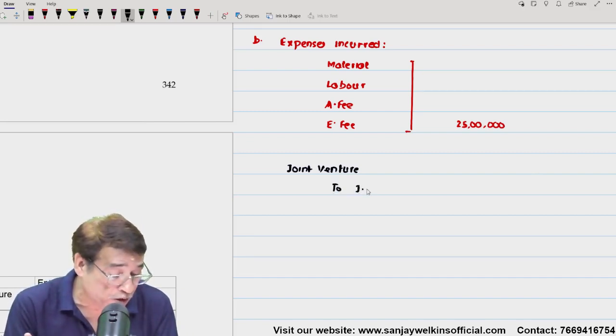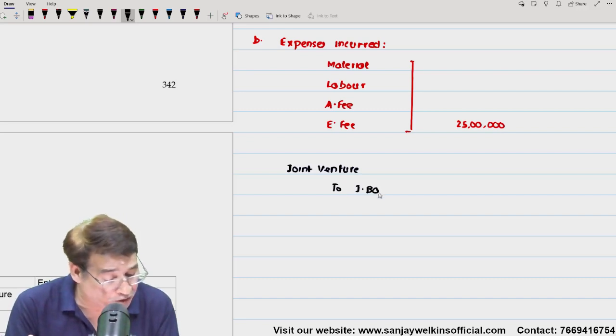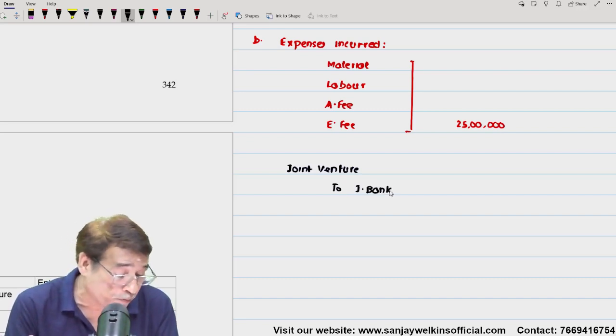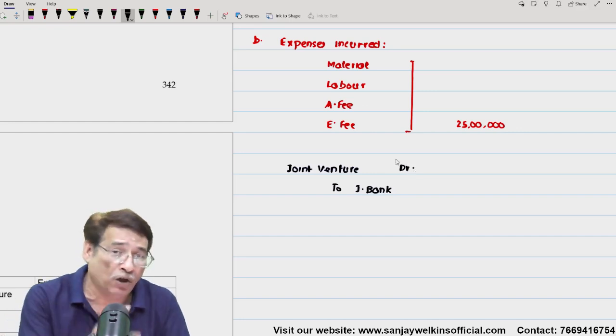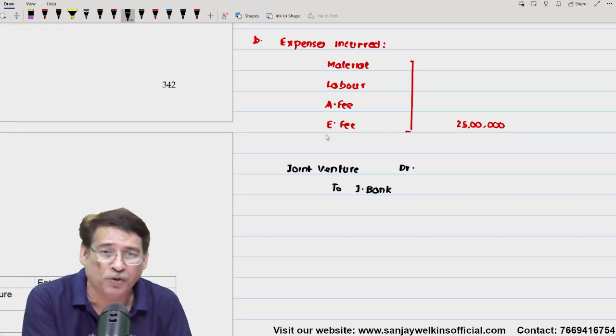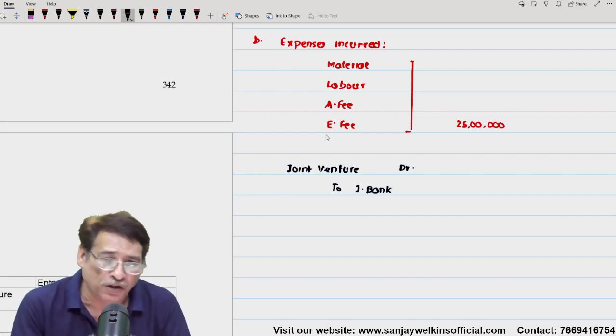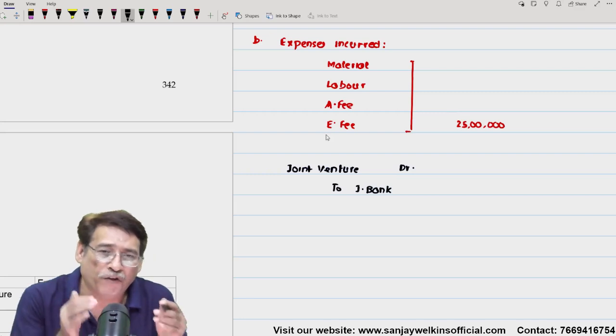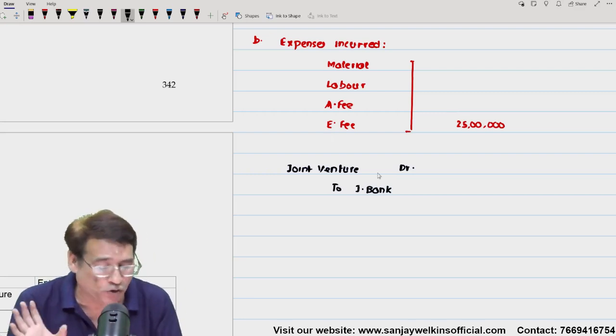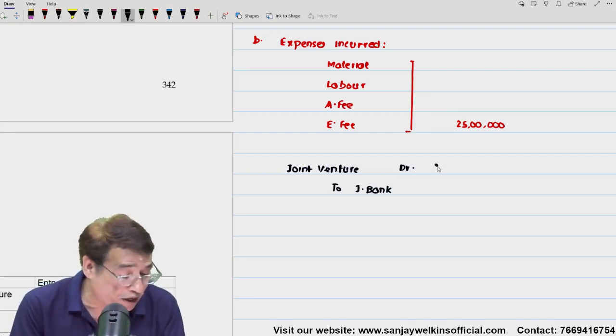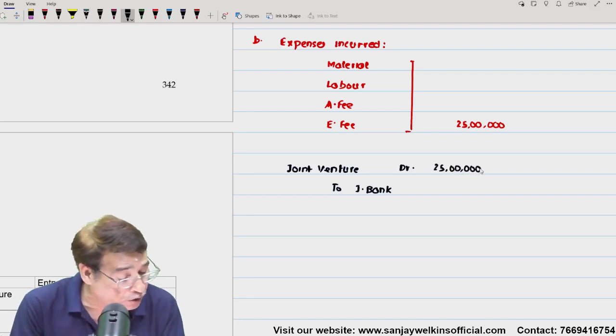Because whatever expenses we are going to incur, those expenses will be incurred through joint bank account. So that is the entry which you are going to write. You are not going to write material to cash, labor to cash, architect fee account debit to cash, or engineer fee account debit to cash. In fact, all the expenses will be debited to joint venture account. So 25 lakh worth of expenses you have incurred, and this is the entry which you are going to pass.